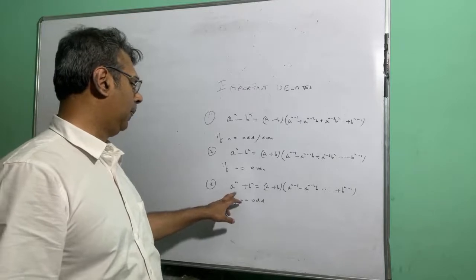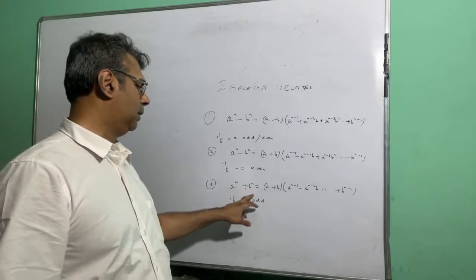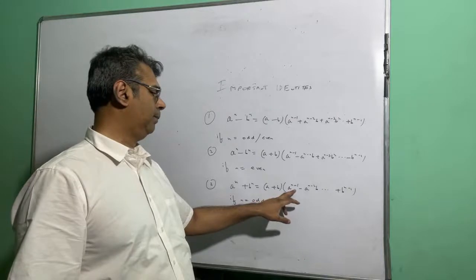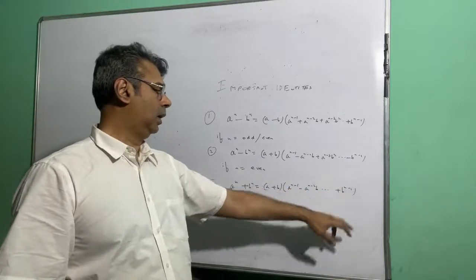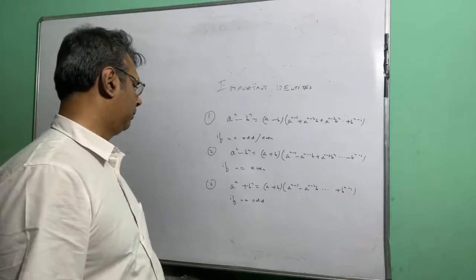Identity number 3, a to the power n plus b to the power n is a plus b into a to the power n minus 1 minus a to the power n minus 2b up to b to the power n minus 1.